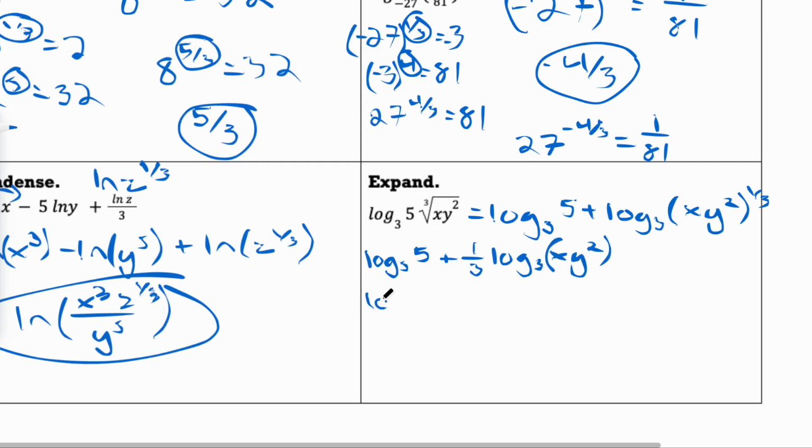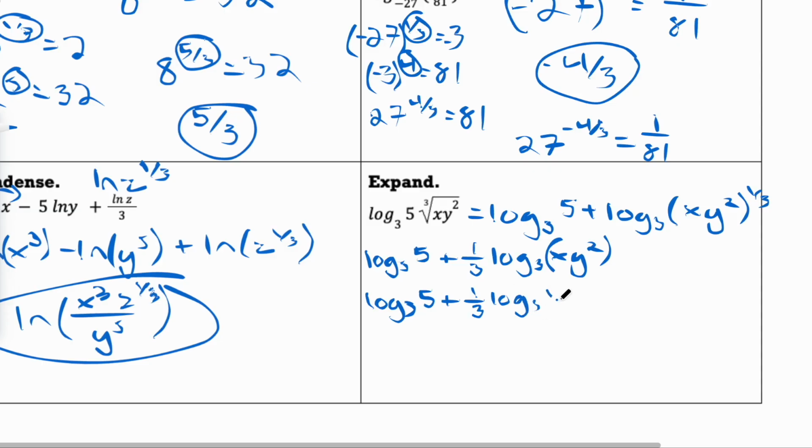And we have log base 3 of 5 plus. Now here I'm going to separate this x and y squared, and I'm going to do that by just adding, right? We're going to separate it and add since it is multiplication.